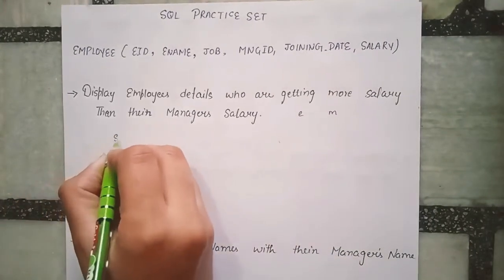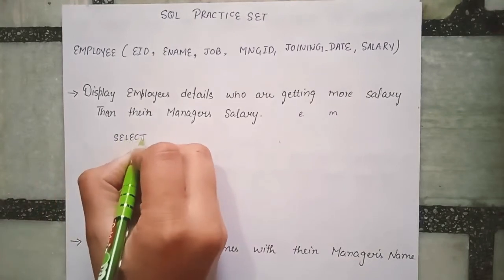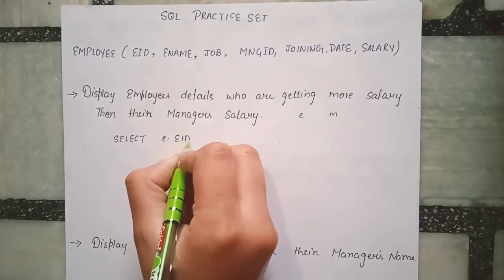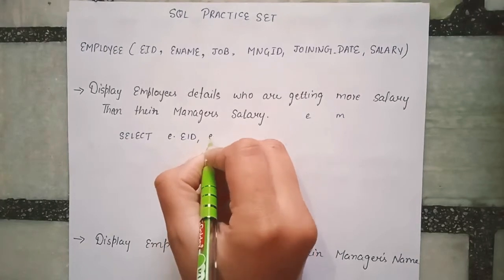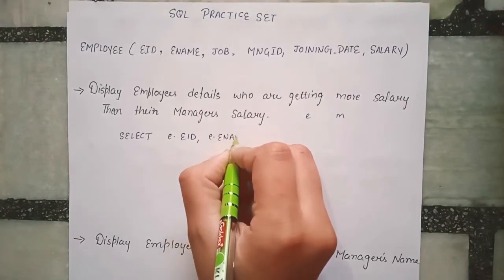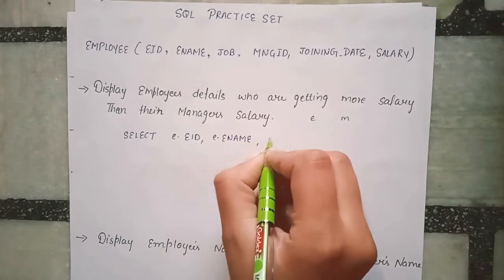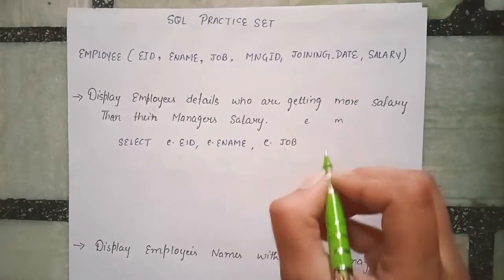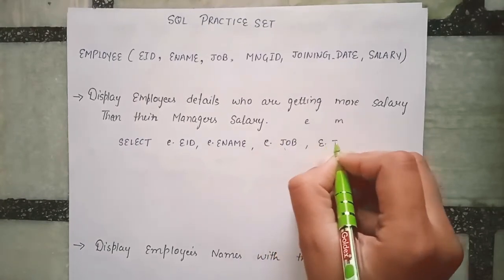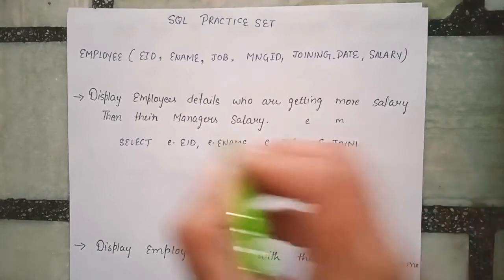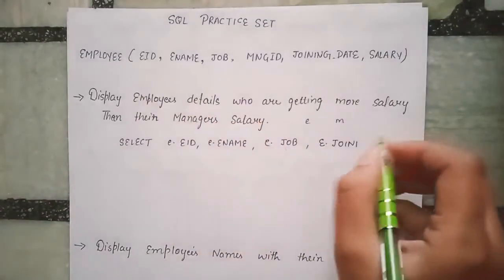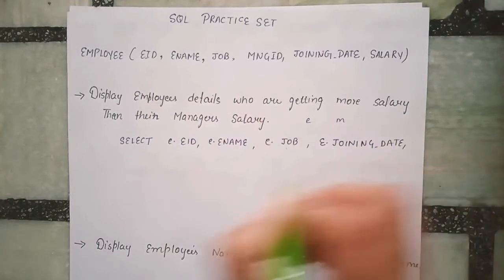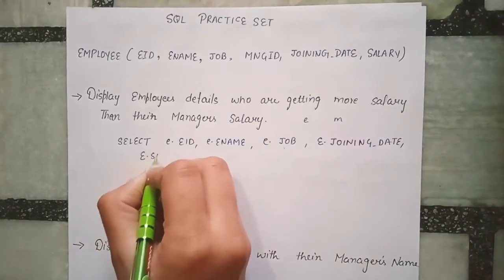Select employee ID, E dot E name, E dot job, next, E dot joining date, because we want every detail of that employee, and the next is E dot salary.